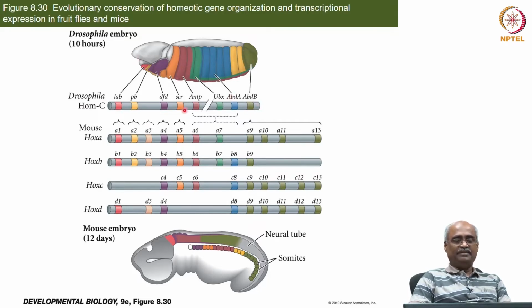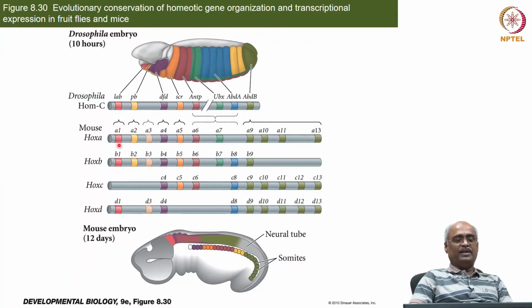Okay, and this is exactly the same order you see in the vertebrate chromosomes, except that there are 4 copies on 4 different chromosomes. For example, in mouse you have Hox A set in one chromosome, Hox B set in another one, Hox C in a third, and Hox D in the fourth one.